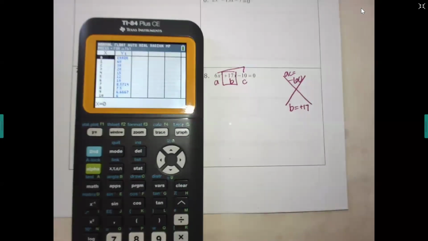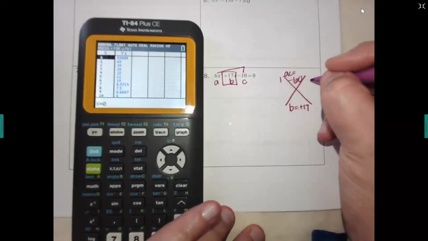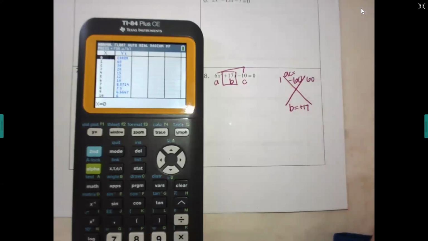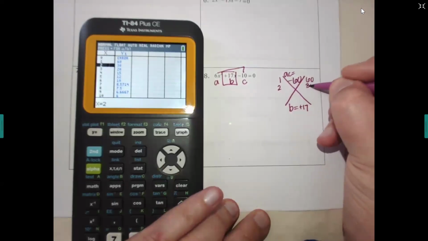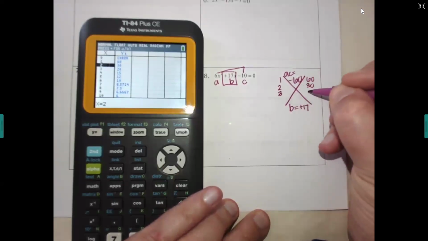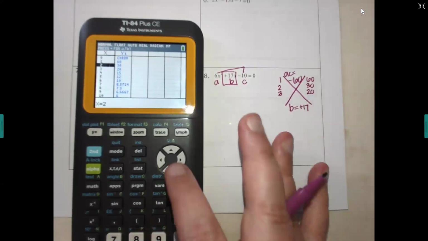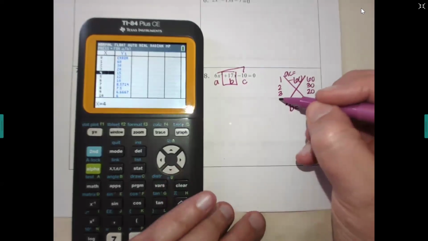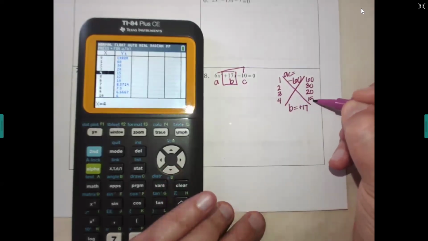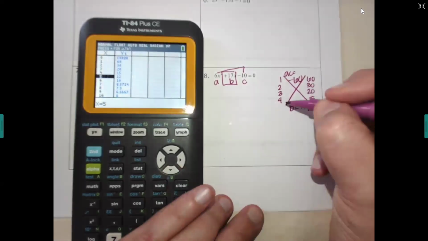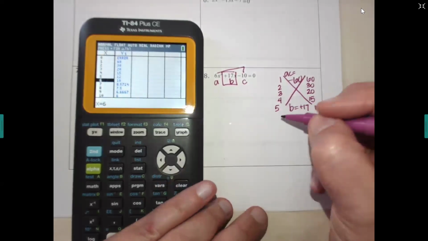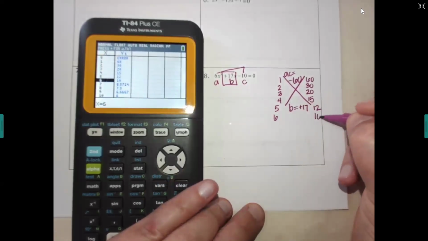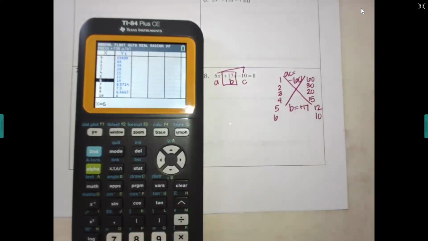So I see 1 and 60 are partners. 2 times what? 30. 3 times what? 20. 4 and 15. 5 and 12. This one kind of has a lot of partners. And then 6 and 10. Okay, but all of those partners multiply back to 60.